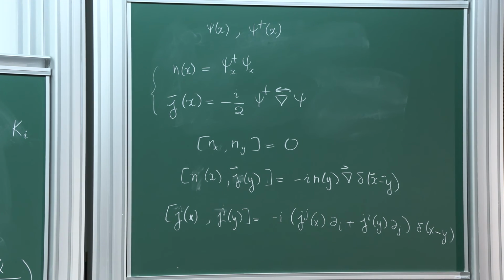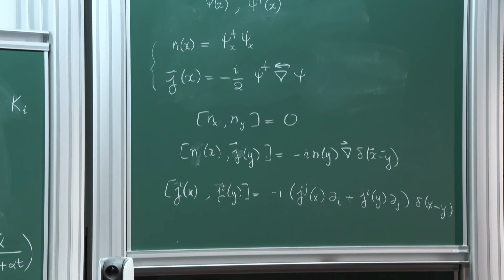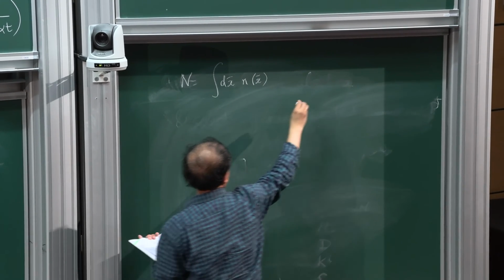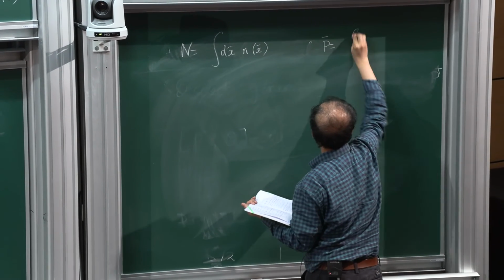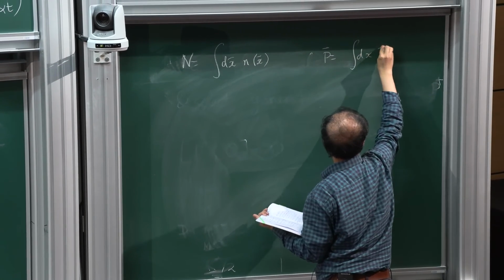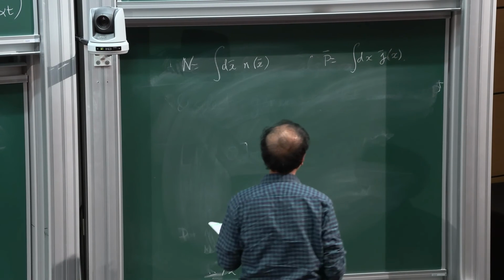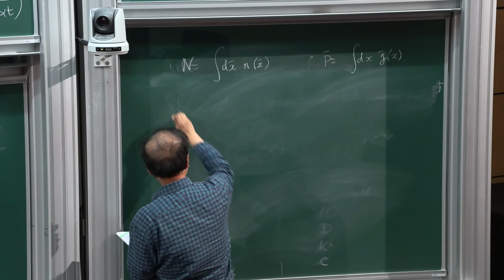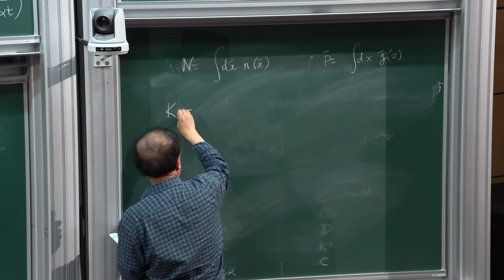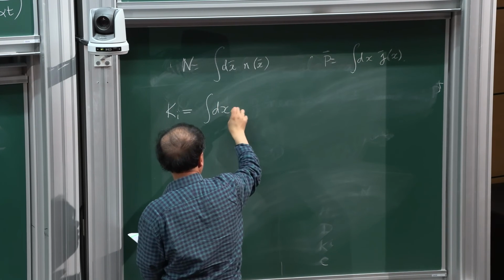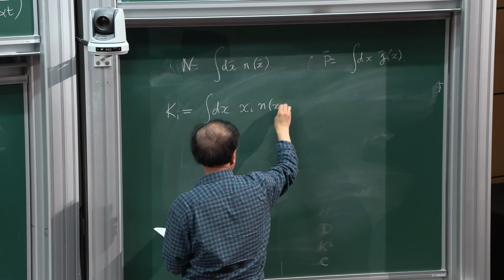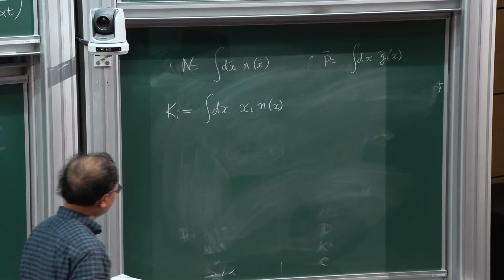Okay, so here's the algebra. The number of particles, of course, is the integral over x. The momentum is the integral of j. The Galilean boost turns out to be just the integral of x times n of x.